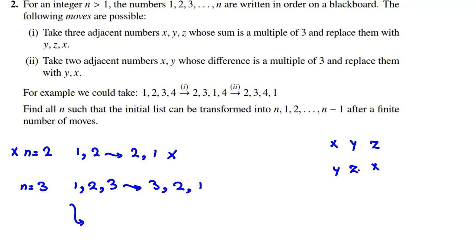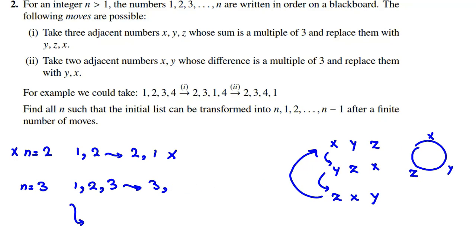If you apply this again, the first one goes to the last part, it will be z, x, y. If you apply this again, you will reach x, y, z again. So it seems that x, y, z lie on a circle.